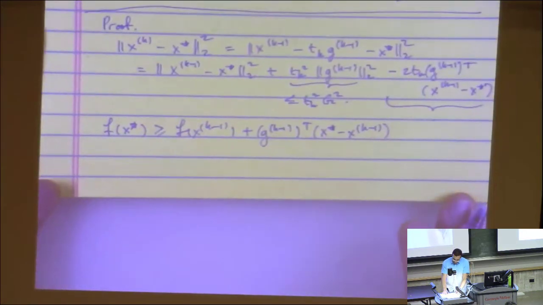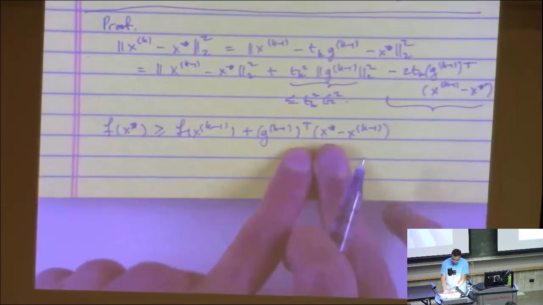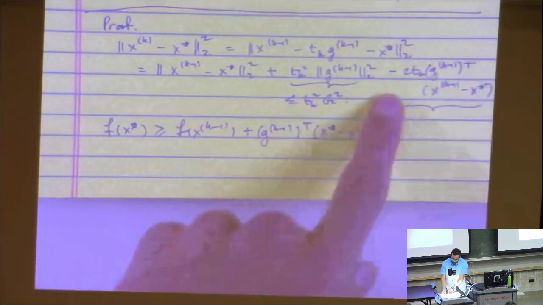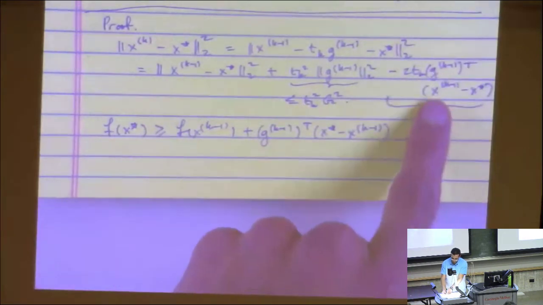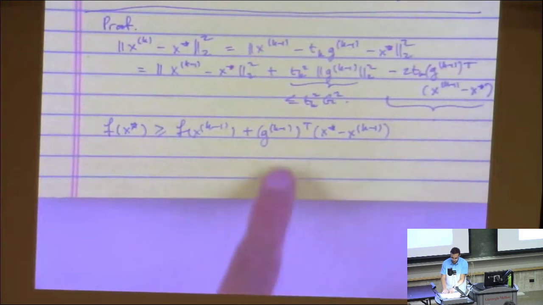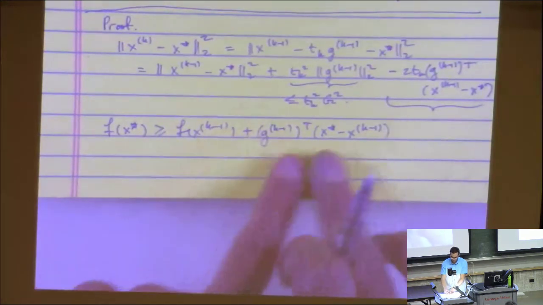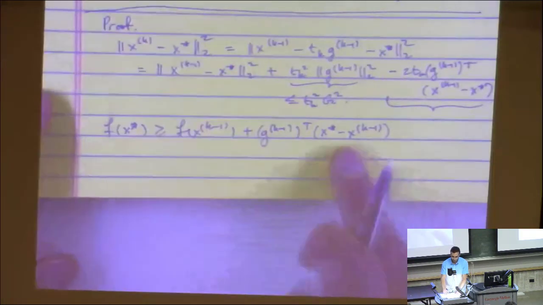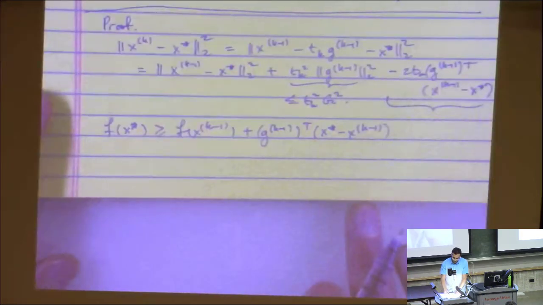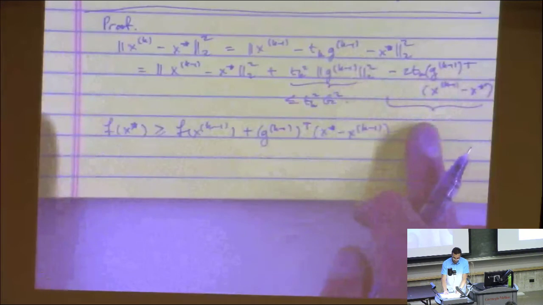And, okay, in fact, this is just this. Right? I have a negative gk minus 1 transpose xk minus 1 minus x star. That's the same as this. I've just put a negative sign and flipped this. So they're the same. And I have a 2 times tk out in front, but that doesn't matter.